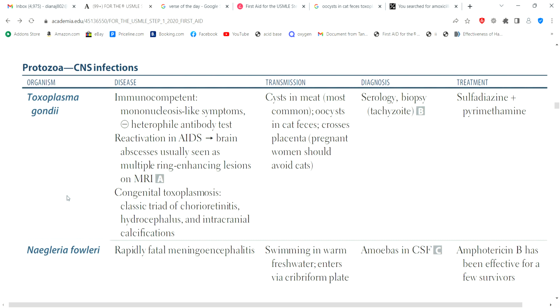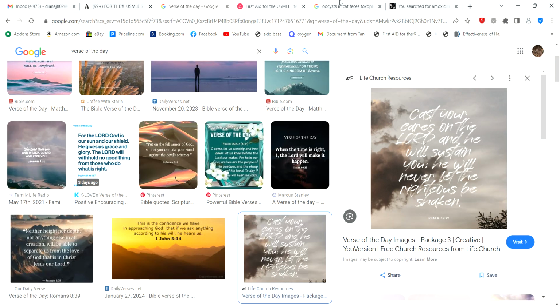It's undercooked. You eat and you get it. Or a pregnant woman changes the litter box and touches lips without washing her hands. So she ingests the oocysts of the Toxoplasma gondii. Now she has toxoplasmosis. Okay. So that's why pregnant women should avoid cats in general. Diagnosis, serology. I wonder how many cats have carried Toxoplasma gondii.